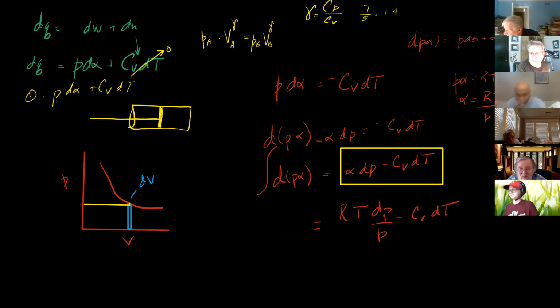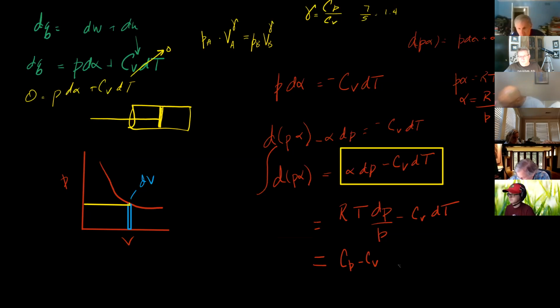CP equals CV plus R. So get rid of R in that equation, or substitute it. Okay, so R becomes what? CP minus CV, times the temperature, dP over P, minus CV dt.